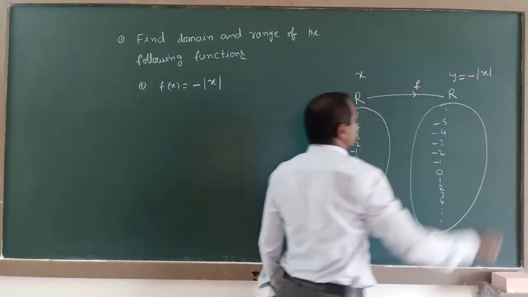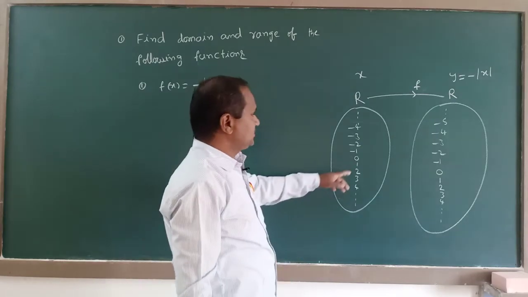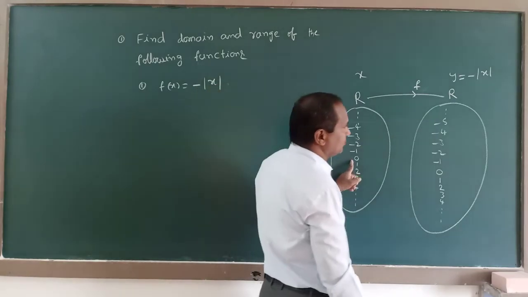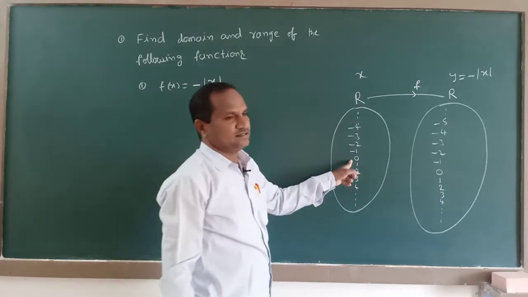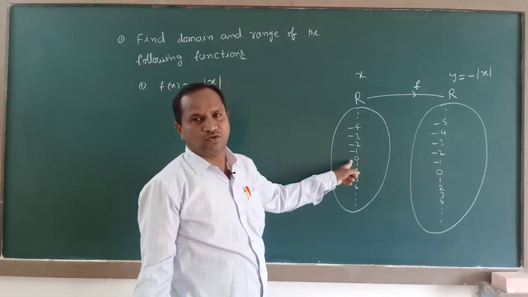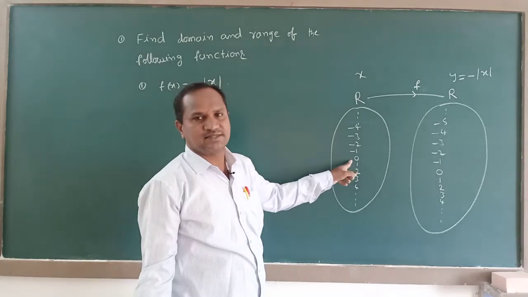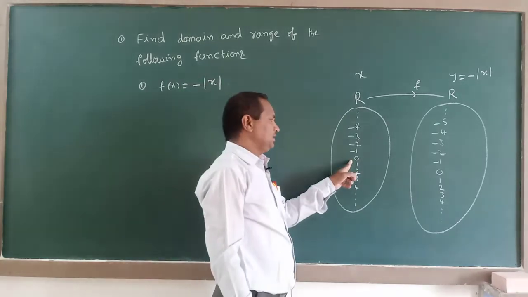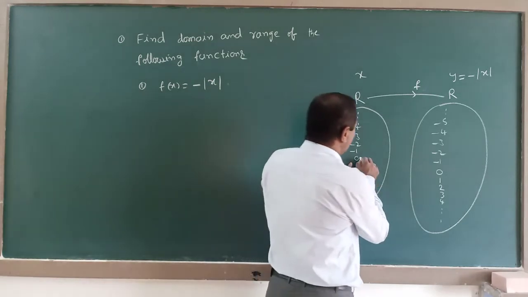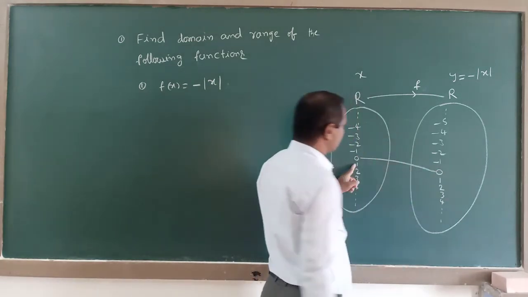When x is equal to 0, y is equal to minus 0. Minus of modulus of 0 means minus 0 or plus 0, both giving the same meaning, so we get only one element, 0. That's why we can easily associate 0 to 0 only here.